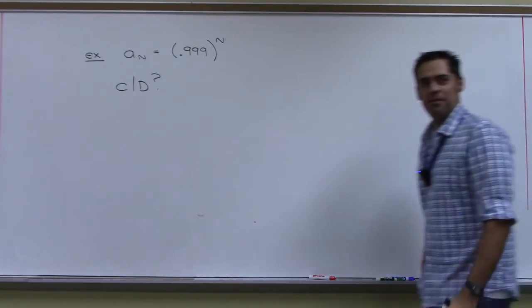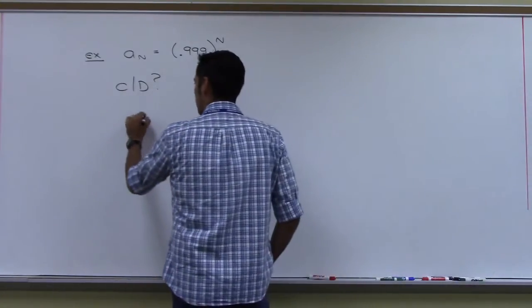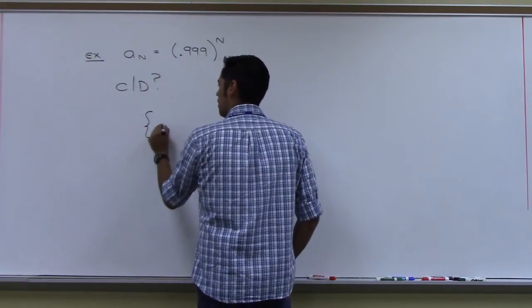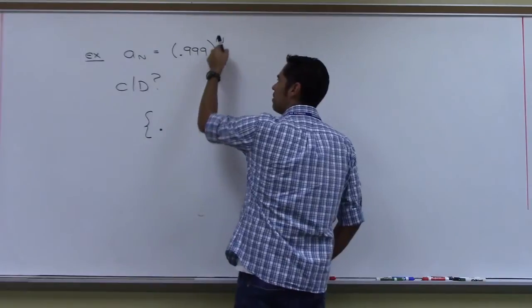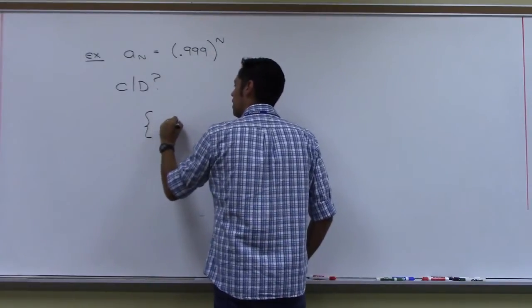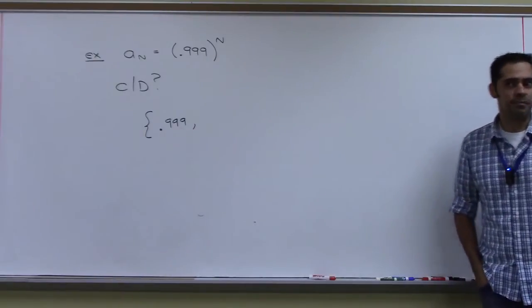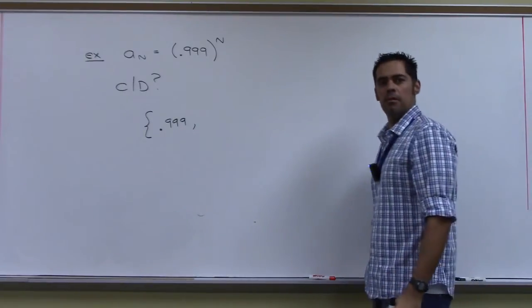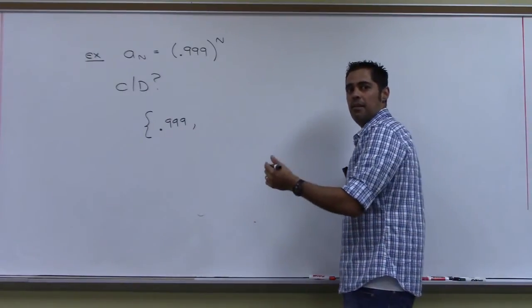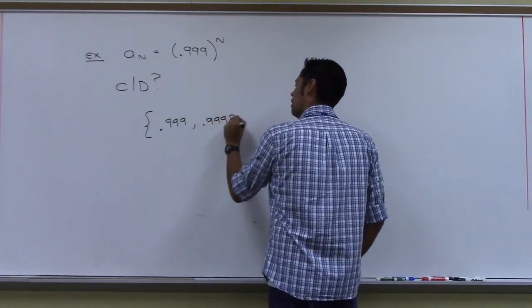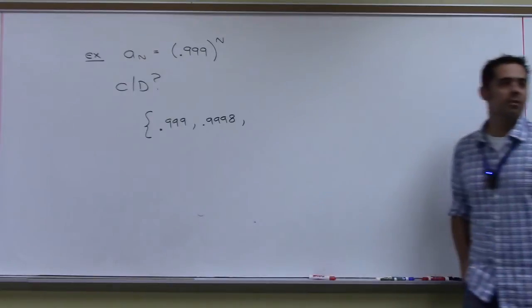No convergers? Someone break out their calculator for me. If I do 0.999 to the first power, I get 0.999. What's 0.999 squared? 0.998? What's 0.999 cubed?